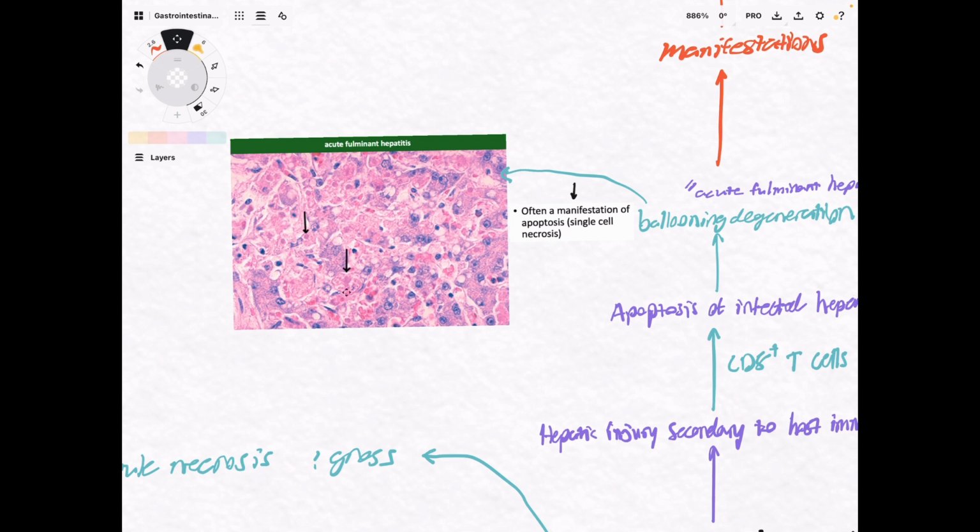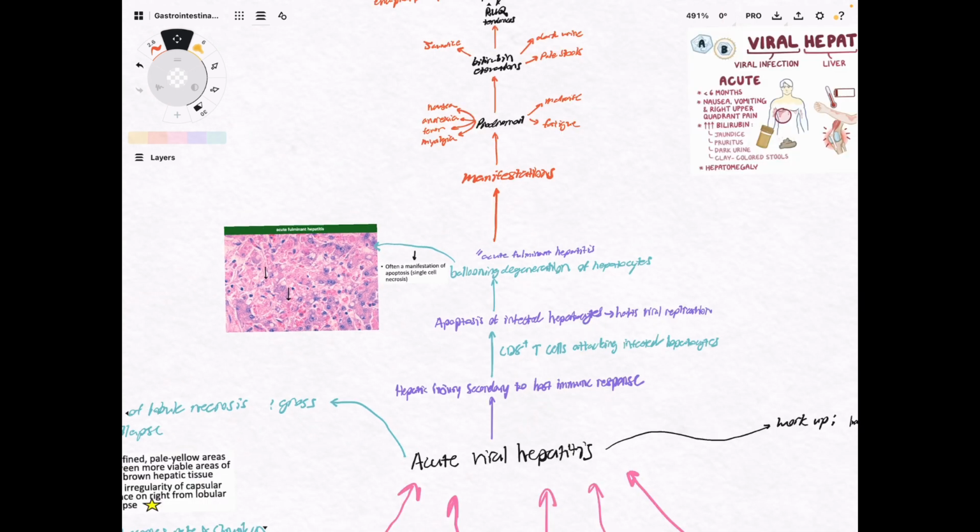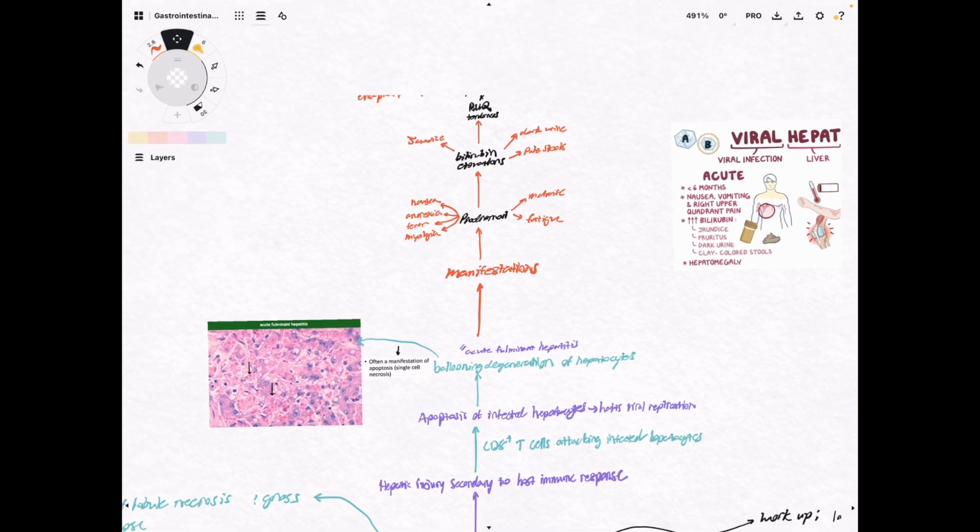And you can see that right here. You have this ballooning. And this is actually called acute fulminant hepatitis whenever this occurs. So just remember, acute fulminant hepatitis, CD8 T cell mediated response to the virus.